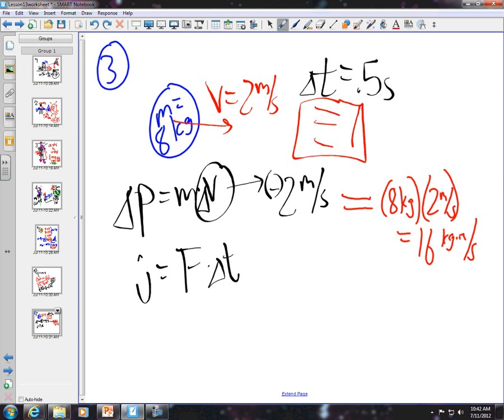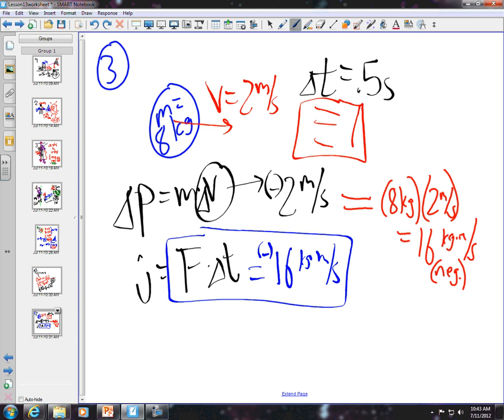And that's negative. And then we remember that impulse is the change in momentum, so negative 16 kilogram meters per second. Again, the only reason I'm putting the negative in parentheses is because I just keep it off to the side.